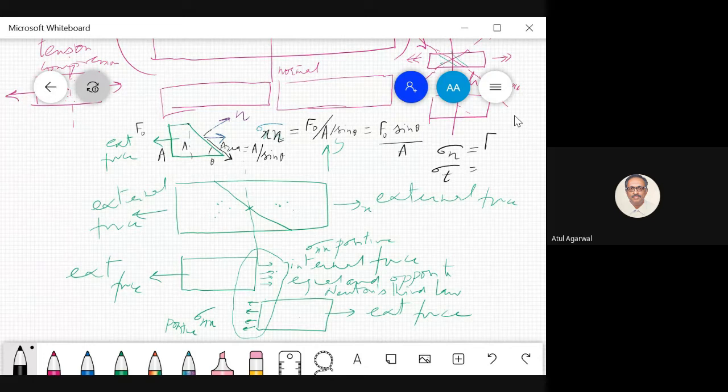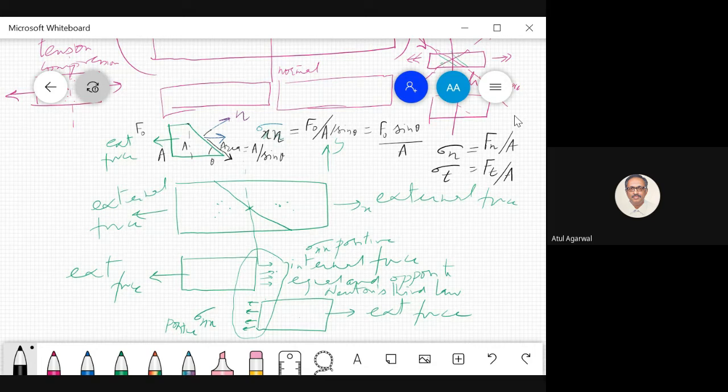So here what you are doing is force component in the normal direction upon area of the face, and force component in the tangential direction upon area of the face. Generally you are interested in normal and shear stresses. A body behaves differently when loads are normal to the surface or tangential to the surface. So the failure depends on normal stress and shear stress.